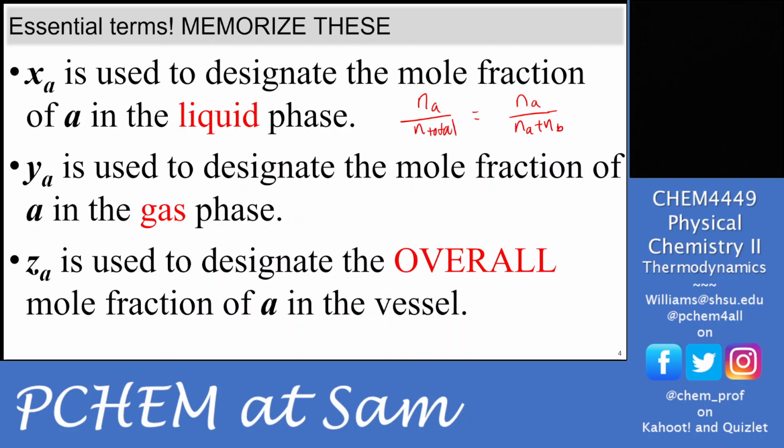There'll be some moles of A in the gas, some moles of A in the liquid, some moles of B in the gas, moles of B in the liquid. We would maybe have some sort of lever rule to determine how much gas and how much liquid we have, and that added together would give us the Z component. We'll see an example of that. So just X, Y, and Z. X is liquid, Y is gas, Z is overall in the container.